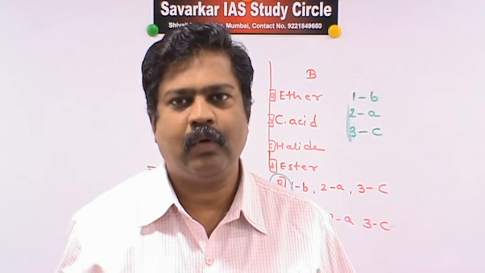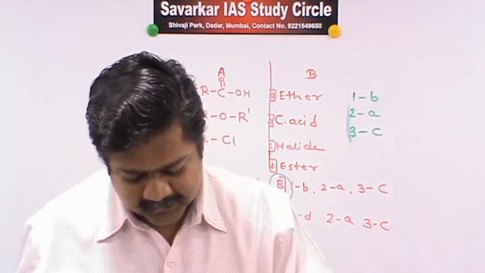If the prefix is cyclo, then it is obviously a closed chain compound, and therefore the answer here is D, none of these. As usual, check: if three answers are correct, or more than three answers are correct, then all right. If fewer than three answers are correct, you have to observe this video lecture again and solve this paper again.